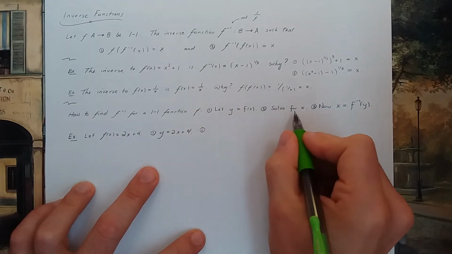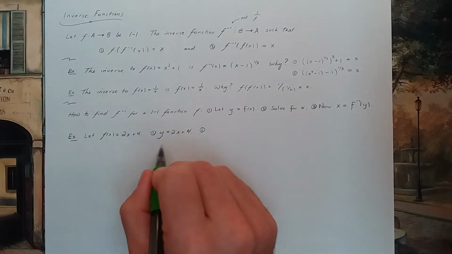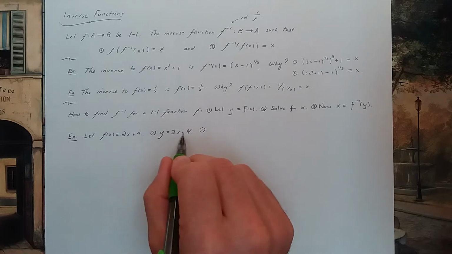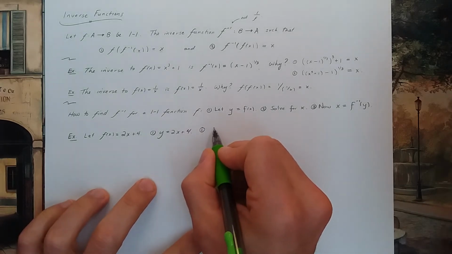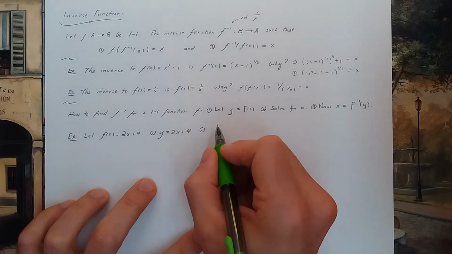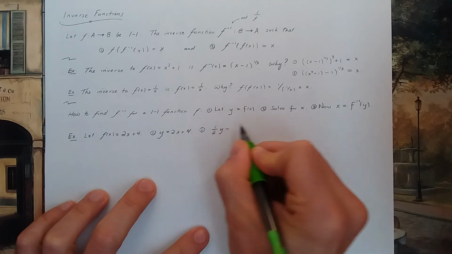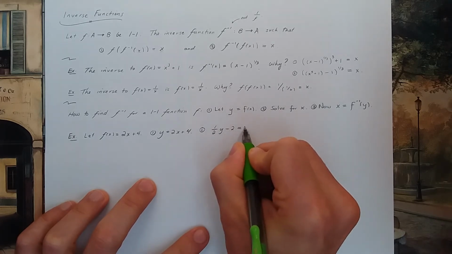I'm going to solve for x. So to solve this for x, I think you need to subtract 4 on both sides and then divide by 2. So if I subtract 4 on both sides and divide by 2, I believe I will get 1/2 y minus 2 is equal to x.